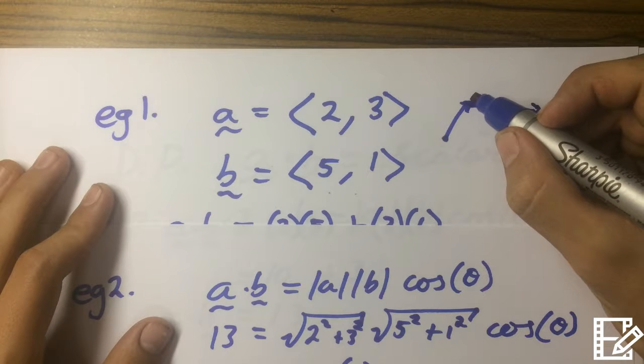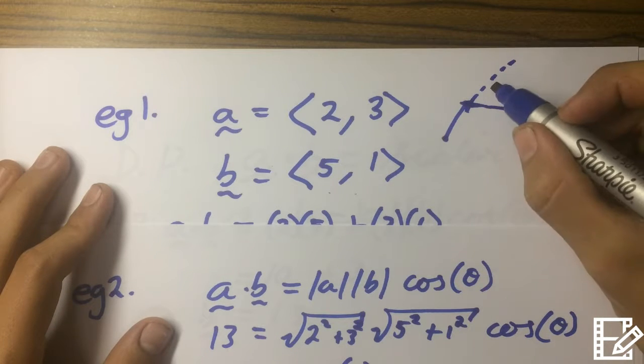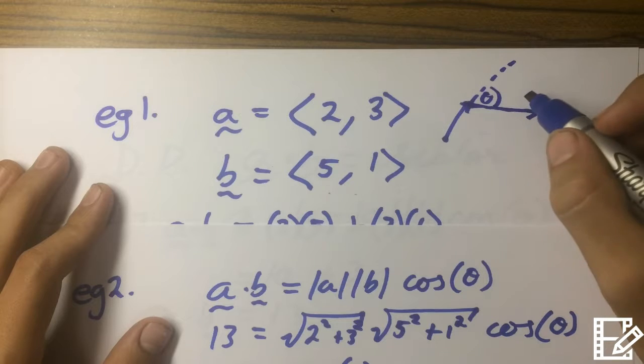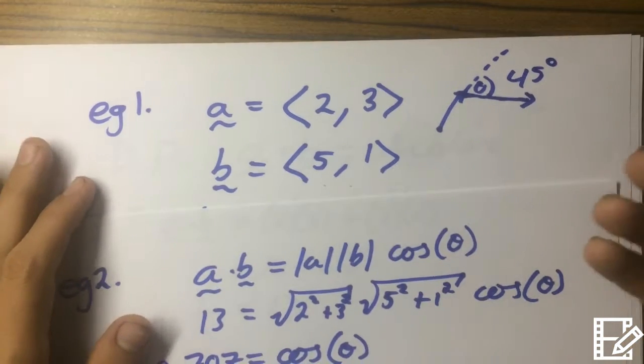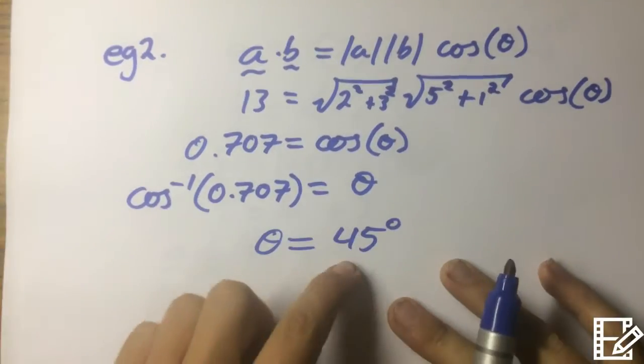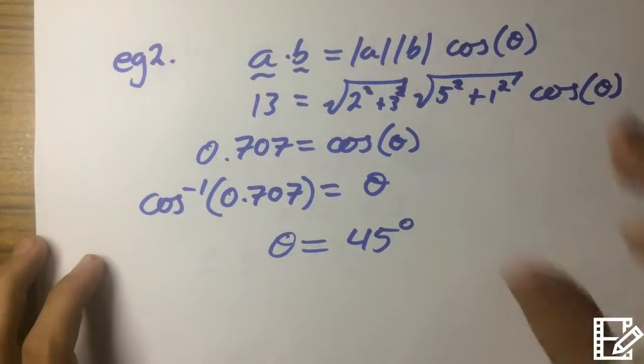And basically, if you followed this up and measured the angle between, that would be the 45 degrees. I've got a bad drawing, but that's what it is telling us it will be.